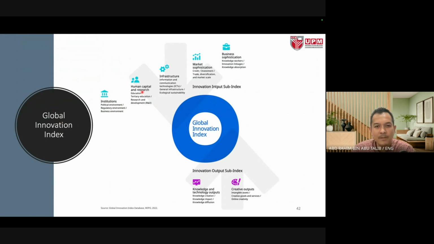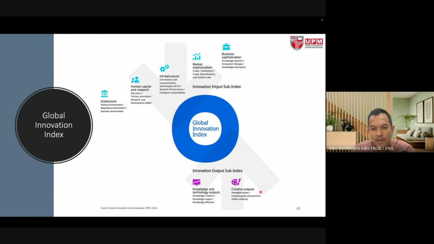And then human capital and research in terms of education, tertiary education, research and development activities, infrastructure, information and communication technology, ICTs, general infrastructure, ecological sustainability, market sophistication, credit, investment, trade, diversification, market scale, business sophistication, knowledge workers, innovation linkages, knowledge absorption, and then innovation output.